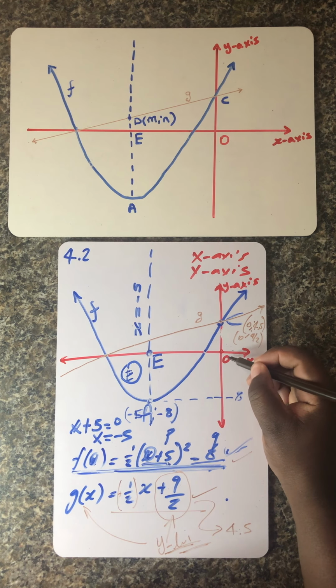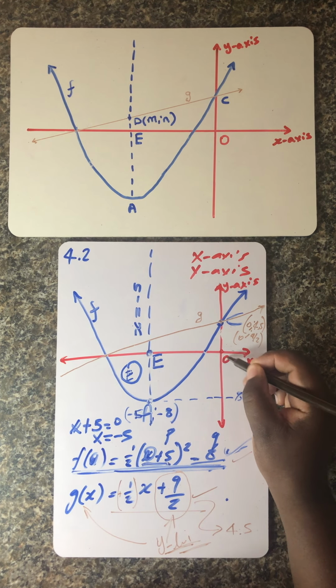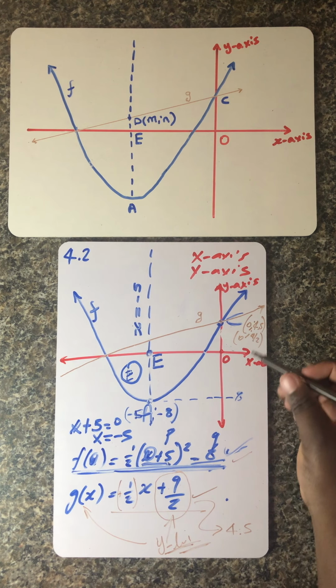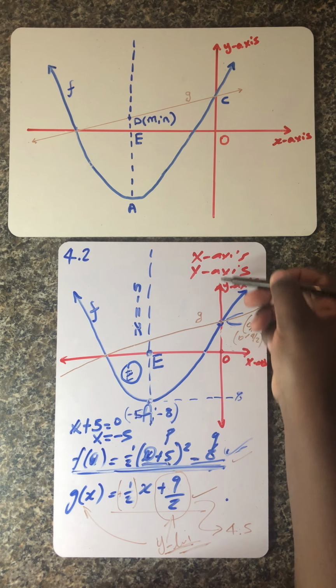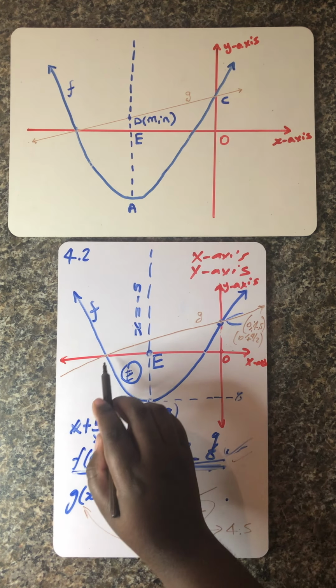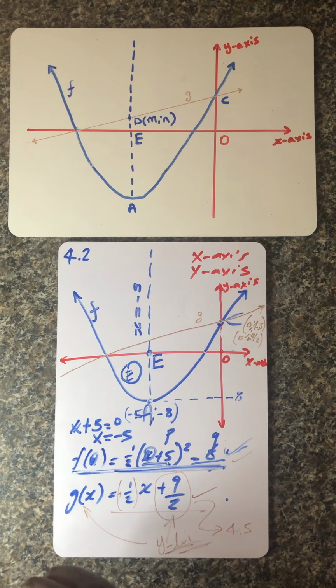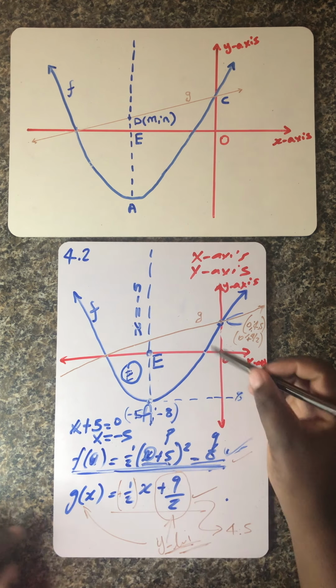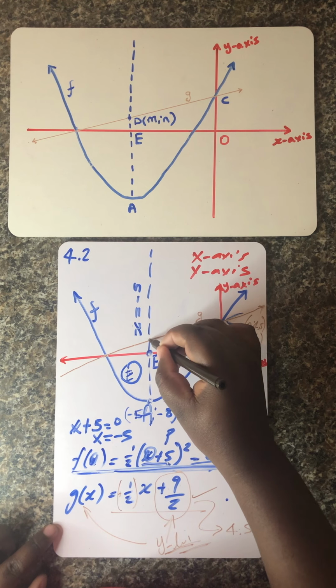Why did you have to be aware that this is your origin? It's because it now makes sense that from that point going up is the positive side of the y-axis, and there is the negative side of the x-axis. But that point doesn't really matter that much. So guys, there's this point there.